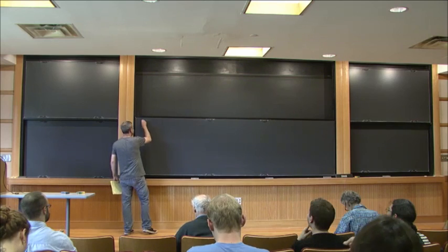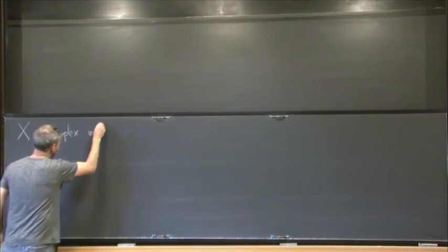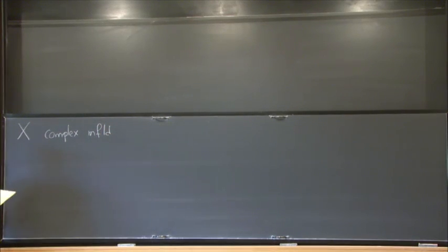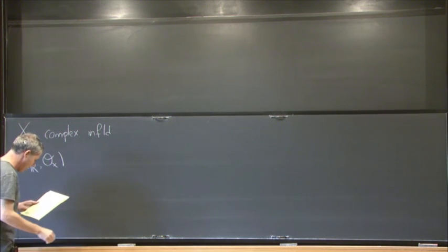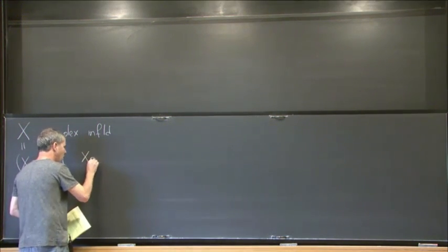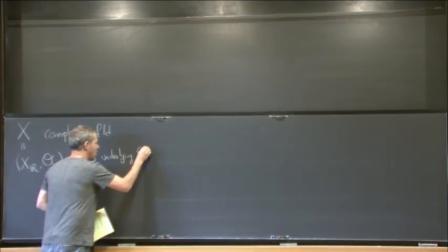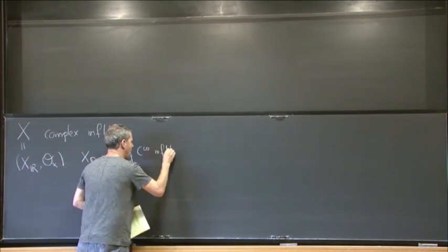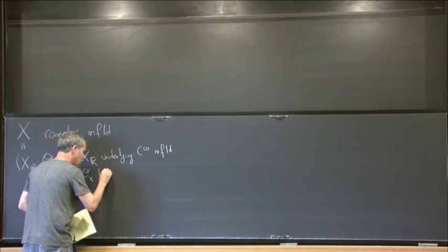So, you start with X, a complex manifold. You have to be a little bit anal about what X is, because it helps in this conjecture. X is (X_R, O_X), where X_R is the underlying C infinity manifold and O_X is the holomorphic functions.